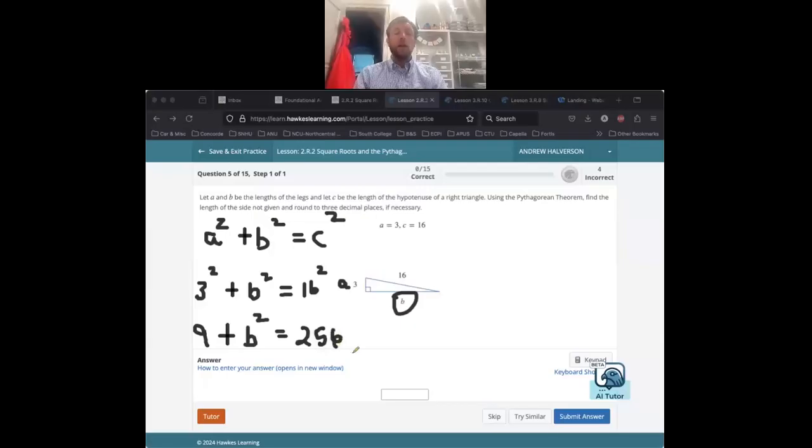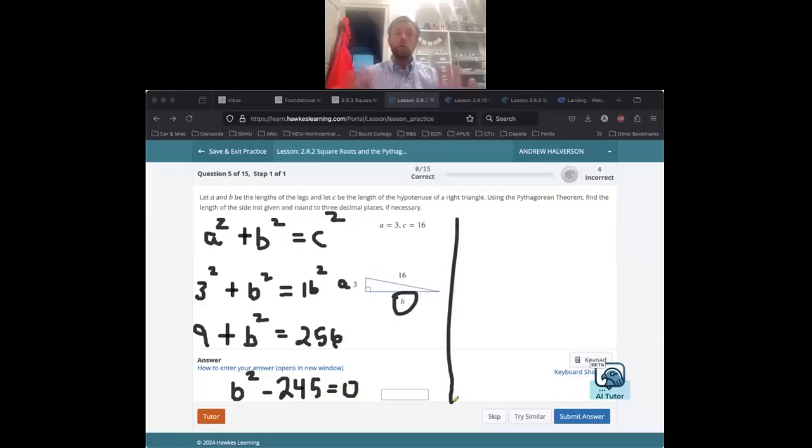Okay. Now, you could apply the quadratic formula to this. How would we do that? Move the 256 over to the other side. So we subtract 256, and we get b squared minus 245 equals 0.